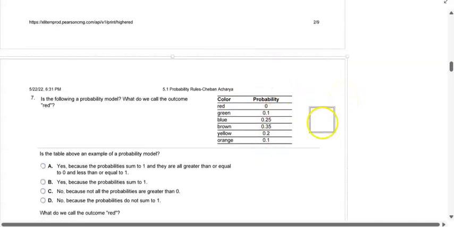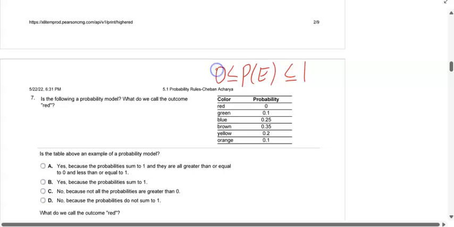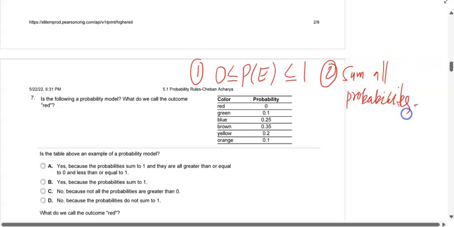In other words, the probability of any event has to be between 0 and 1. It can be 1, it could be 0. That's the first criteria. The second criteria is that the sum of all probabilities equals 1.